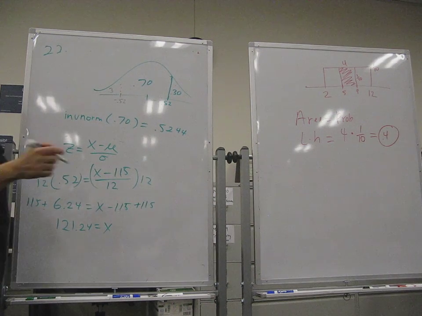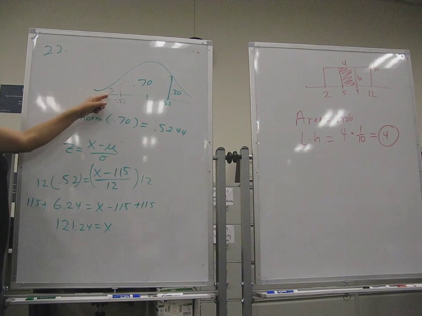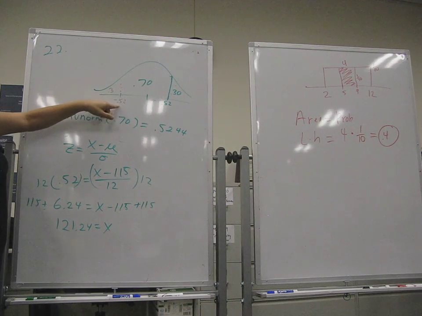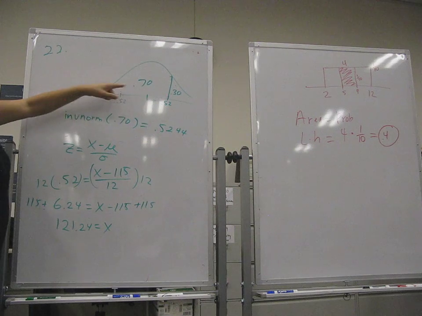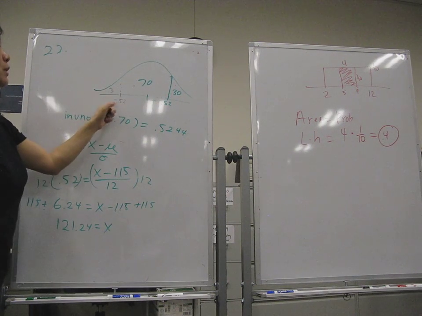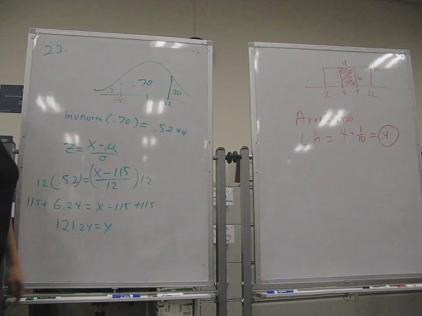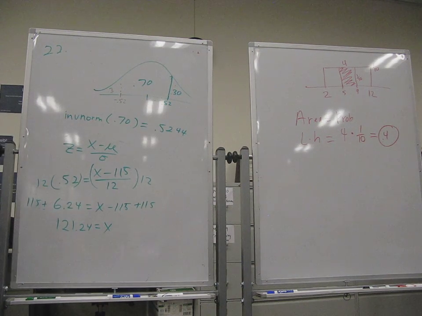So what Ulysses was saying, if you put in 0.3, then it gives you negative 0.52. You can totally do that, but remember that it's symmetrical, so this becomes positive 0.52 in your z-score. So you can do that also.